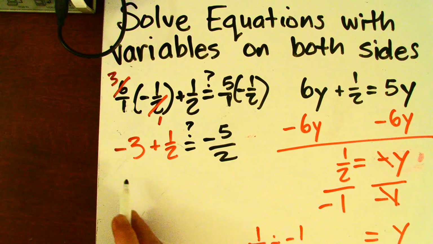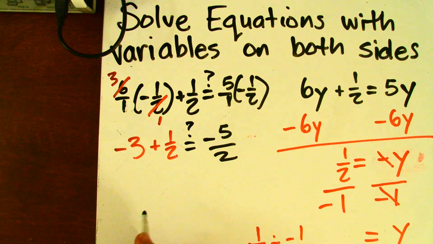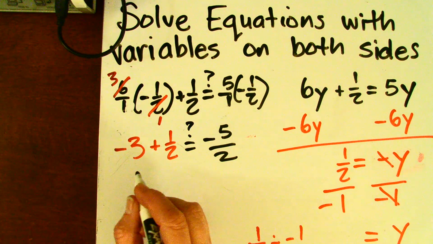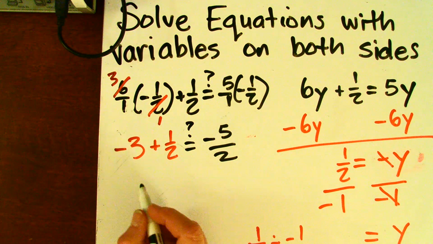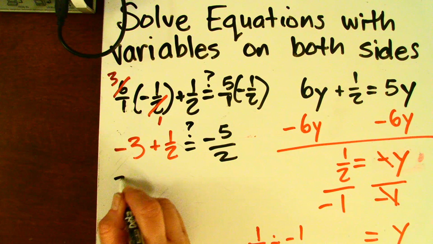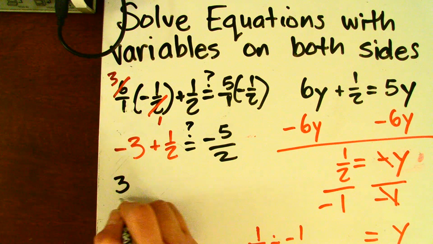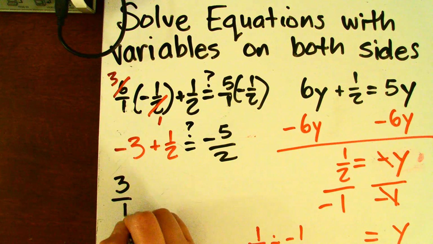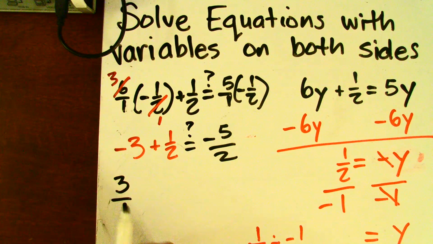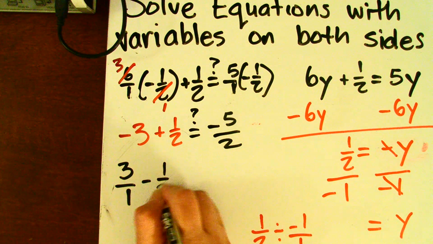Well, in this case, we have a negative number and we're adding a positive number. So really we're going to subtract: 3, take away 1/2 is going to be 2.5. And if you're not sure about that, let's do it this way. 3 over 1 minus 1/2.